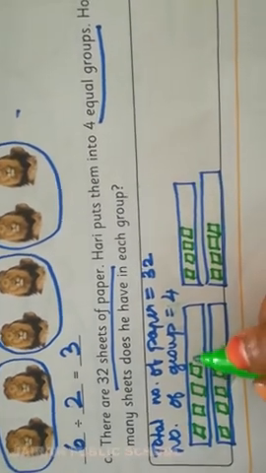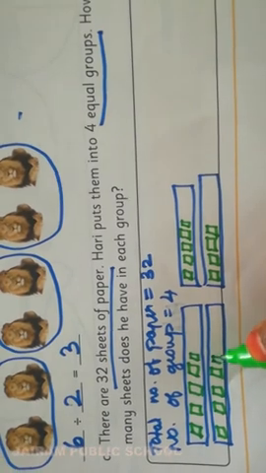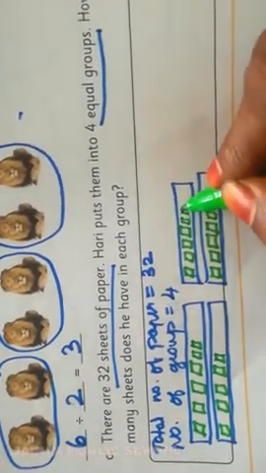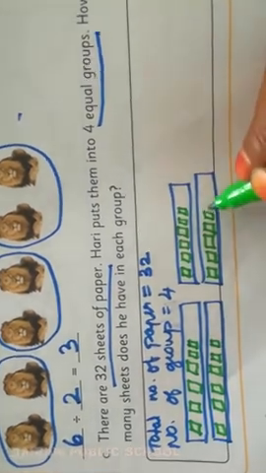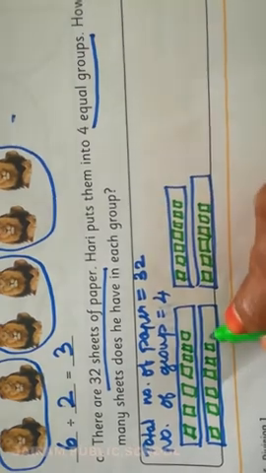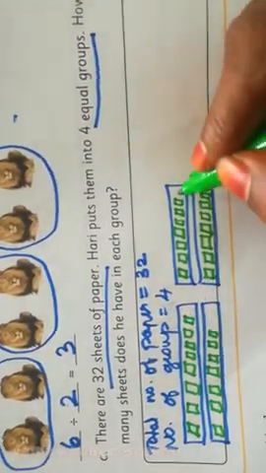Next 17, 18, 19, 20, 21, 22, 23, 24, 25, 26, 27, 28, 29, 30, 31, 32.